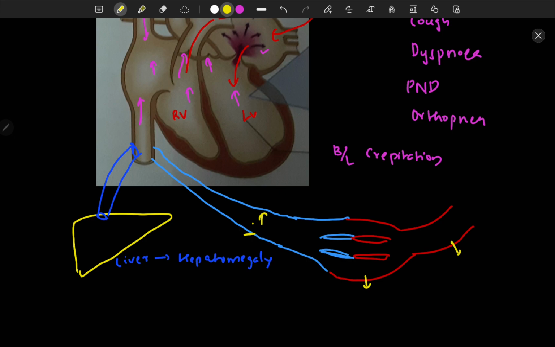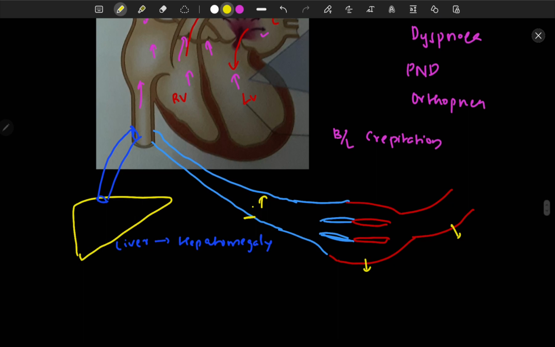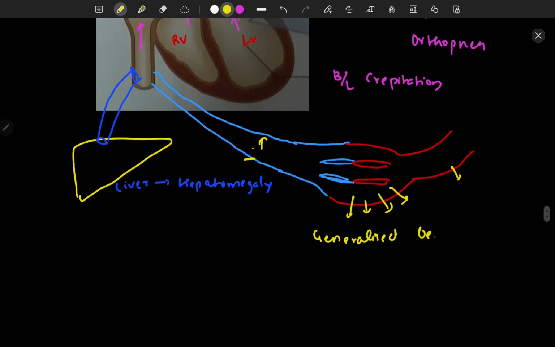So the systemic venous pressure will increase, and the systemic capillary pressure will increase, and there will be generalized edema, and there will also be ascites.